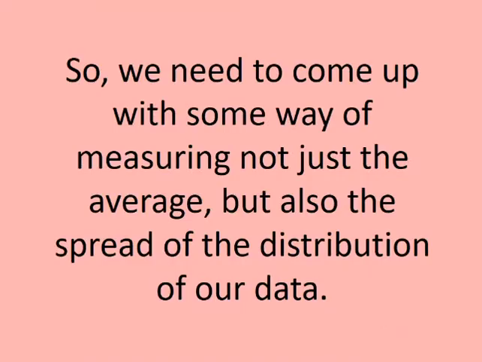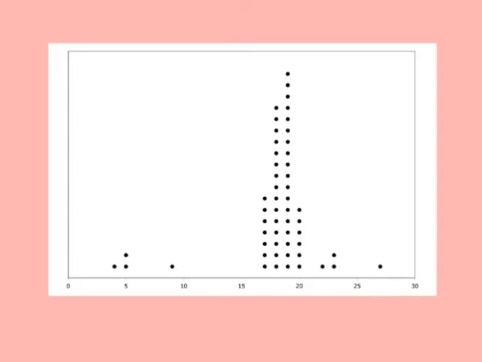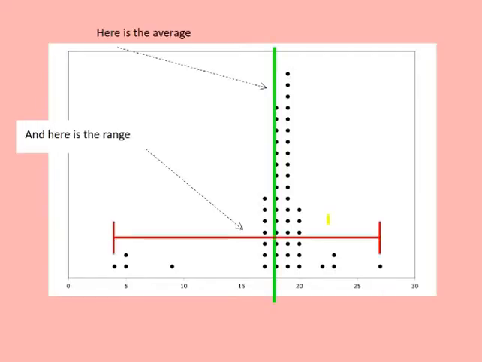So we need to come up with some way of measuring not just the average, but also the spread and distribution of data. Now you could say, we could do the range. We could just give the mean, the lowest, and the highest number. But again, if you saw this graph with the average and the range, that doesn't necessarily tell you how many people got around the mean.